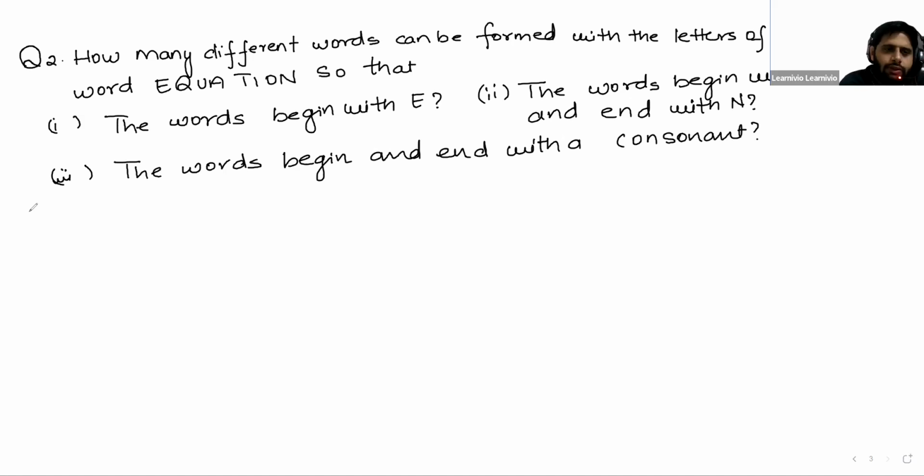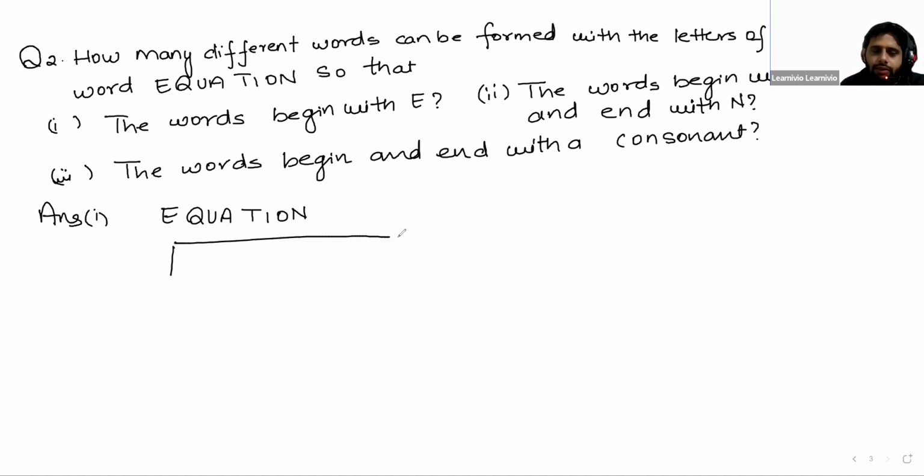Okay, so let's start with the first part. The words begin with E. So we have the alphabets of EQUATION. Now we need to form the word by using all the alphabets, and the condition is the word will always begin with E. So we have 8 alphabets.